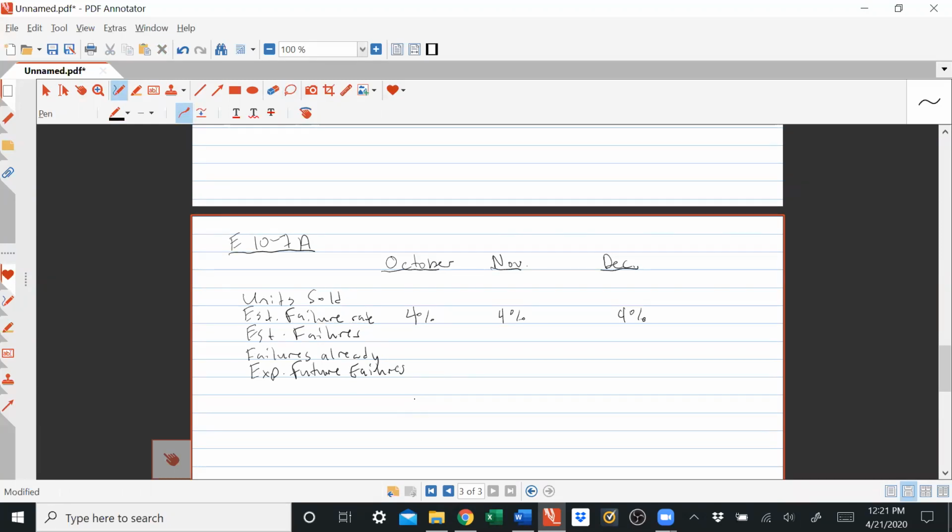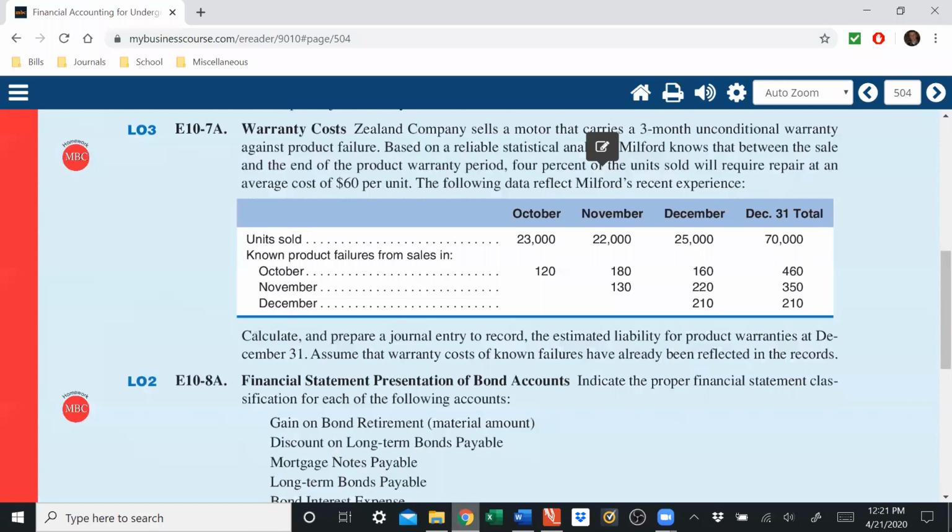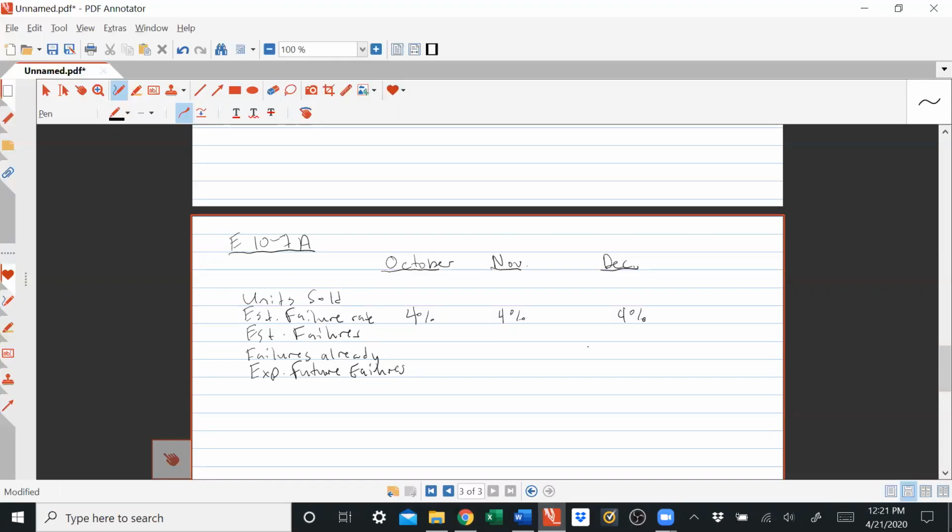Each of those estimated future failures carries with it an expected cost that we're going to have to incur of $60 to repair the thing. So then we can add up all those expected future failures, multiply by $60, and that's the warranty. That's the dollar value of the liability we have to recognize at the end of the year.